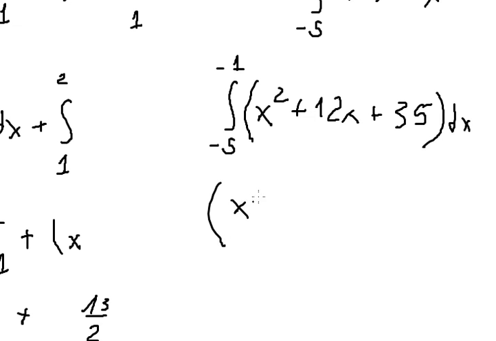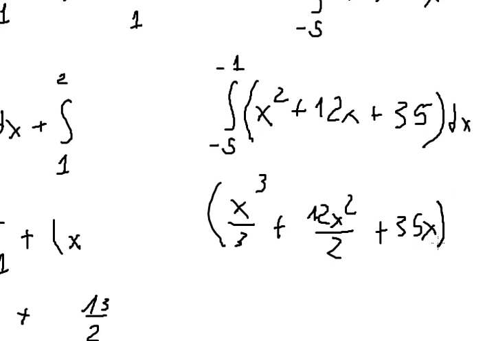And this will be s to the power of 3 over 3 plus 12s squared over 2 plus 35s, and we have the boundary from negative 5 to negative 1. So we put the number in here and we got the final answer. So we got 112 over 3.